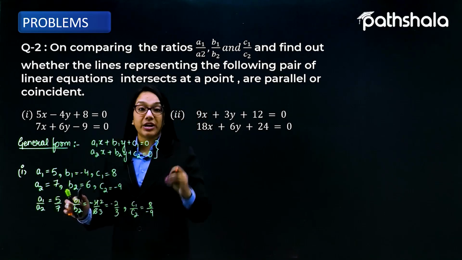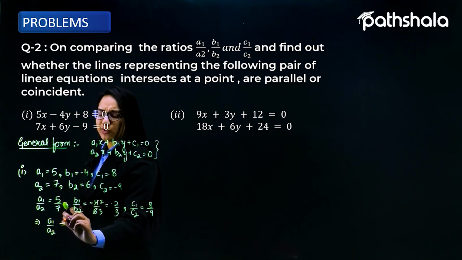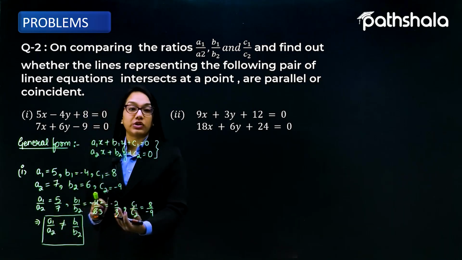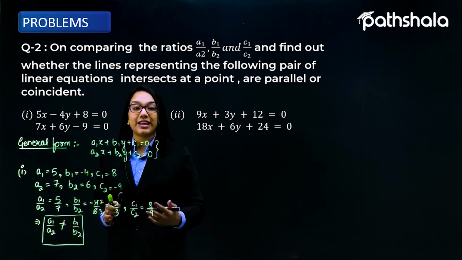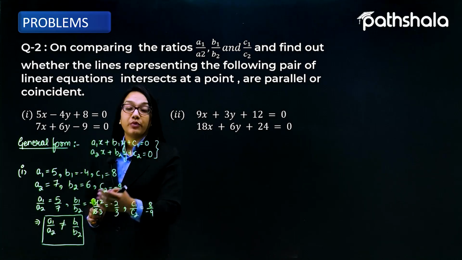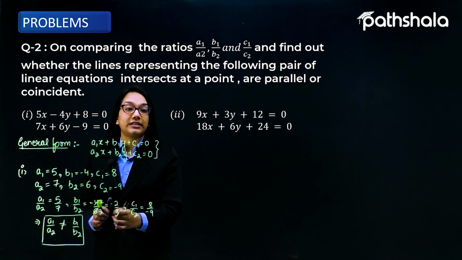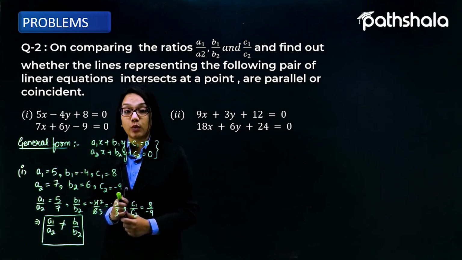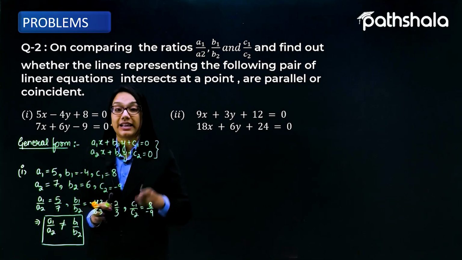So using the algebraic interpretation table, a1 by a2 is not equal to b1 by b2. If we have such a situation in which a1 by a2 is not equal to b1 by b2, then we have a unique solution and the lines are intersecting at a point.